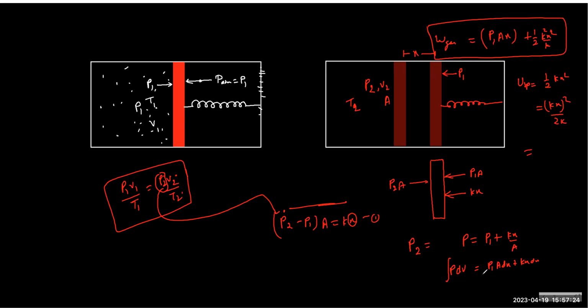To convert this dimension. V2 is 2 V1, P1 V1. Something is missing. Just a minute, P1. What is P1?